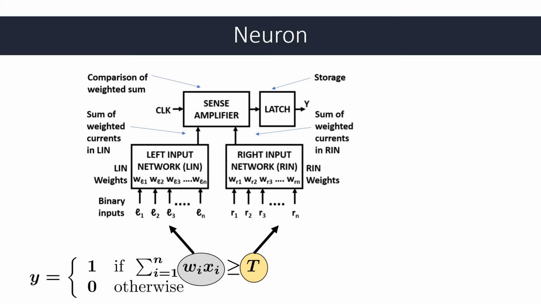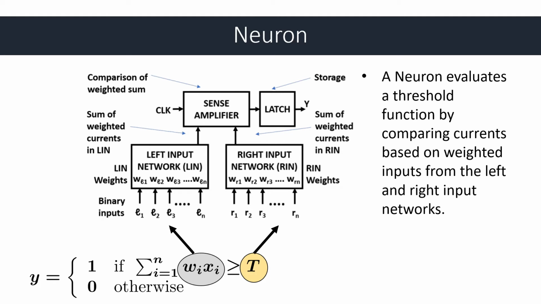There are 4 main components: the left and the right input network, the sense amplifier, and the latch. The left and the right input networks calculate the weighted sum and the threshold in the form of currents. The sense amplifier compares these currents from left and right input networks and performs the evaluation of the threshold function at the rising edge of the clock.